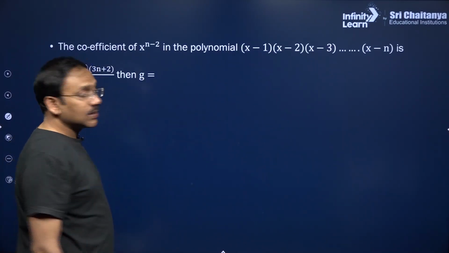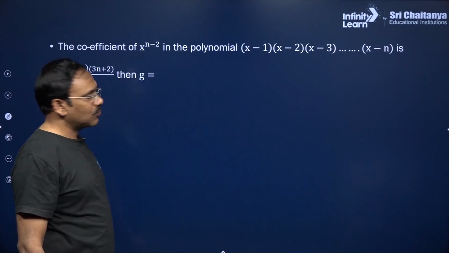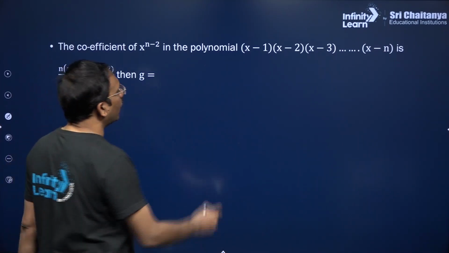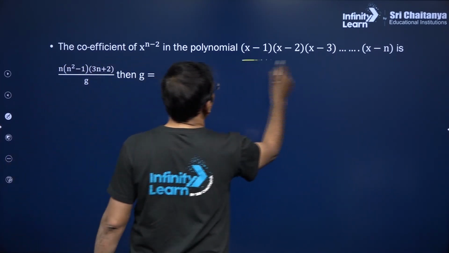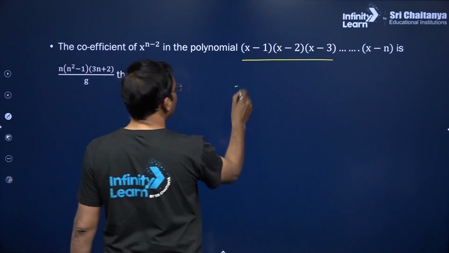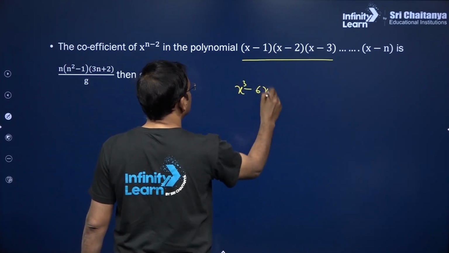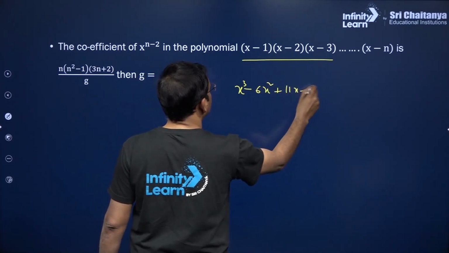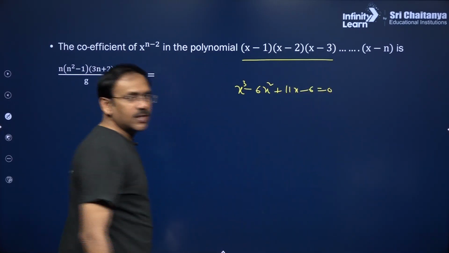Next, my dear friends, the coefficient of x power n minus 2, or here you can apply sigma. The answer is independent of n, so why do not you take x equal to 1, 2, 3 here, so that if you multiply, x cube minus 6x square plus 11x minus 6 equal to 0, this is the equation.